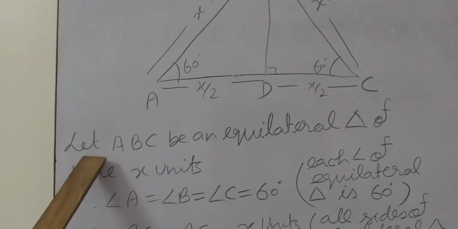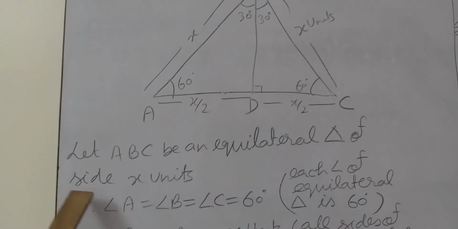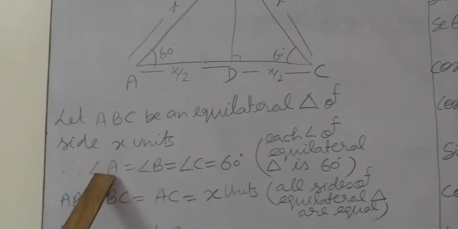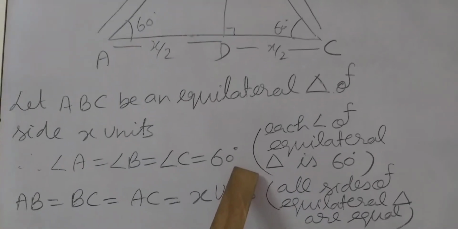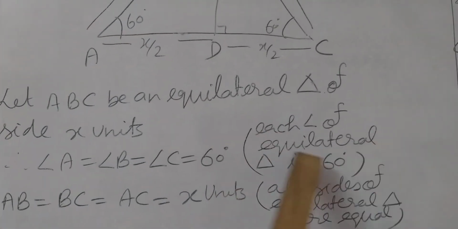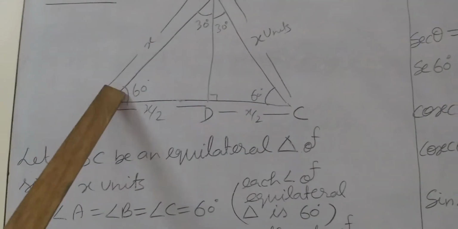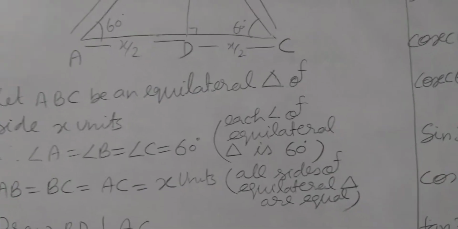So let ABC be an equilateral triangle of side X units. Each angle of an equilateral triangle is 60 degrees, so angle A equals angle B equals angle C equals 60 degrees.